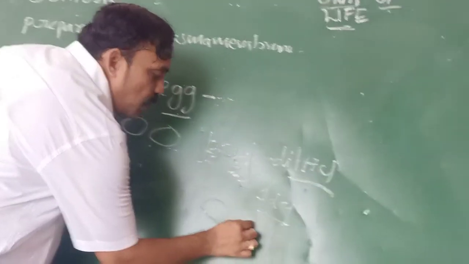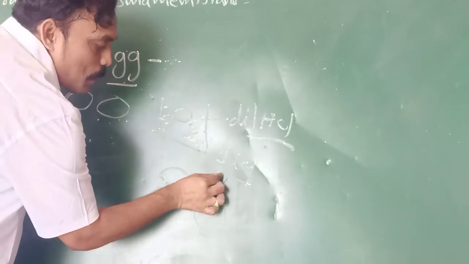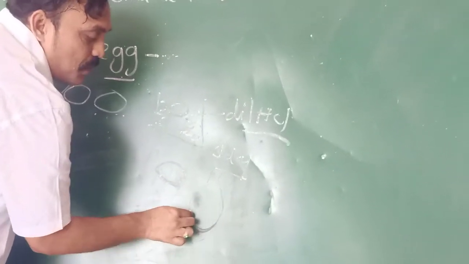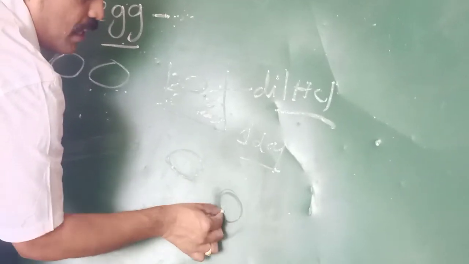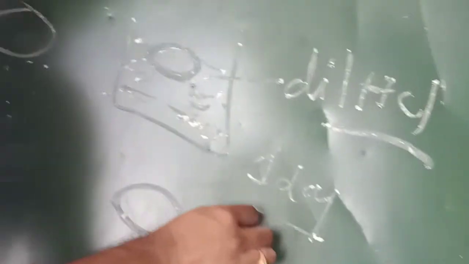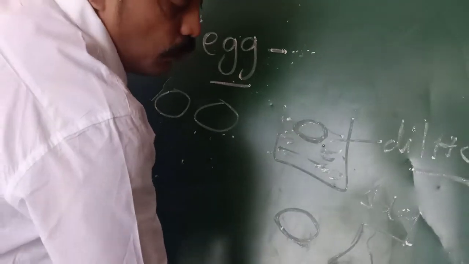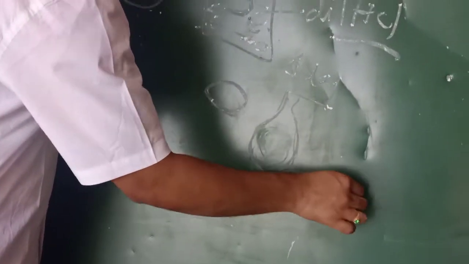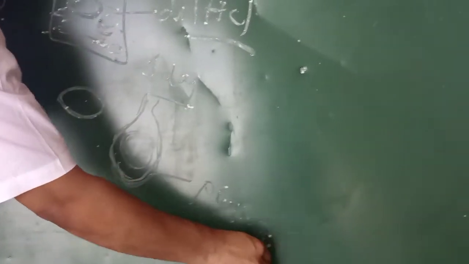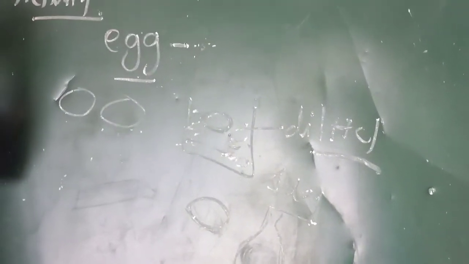We will get one bag-like structure. We only removed whatever yolk was inside. We make some hole and remove everything. We got only the layer. This layer is just the plasma membrane. Try to do this experiment in your laboratory.